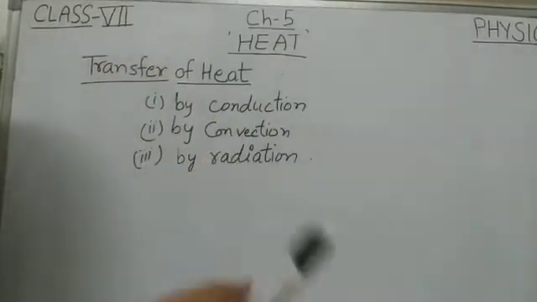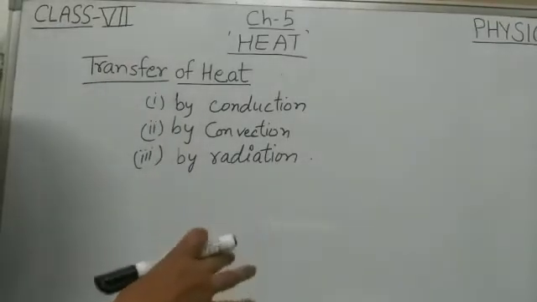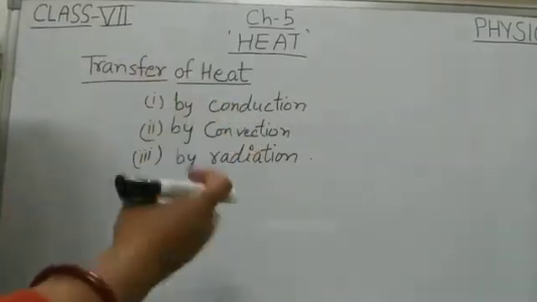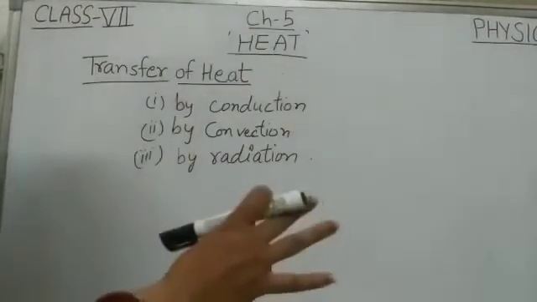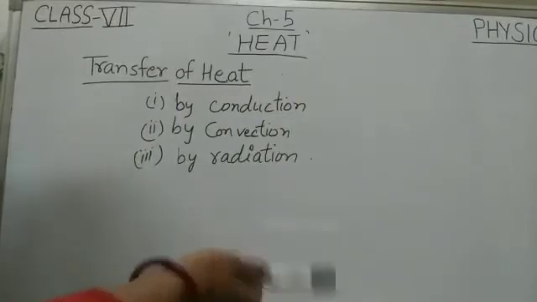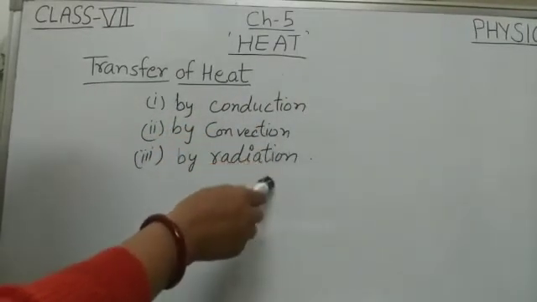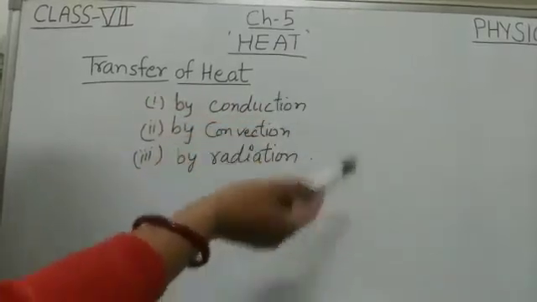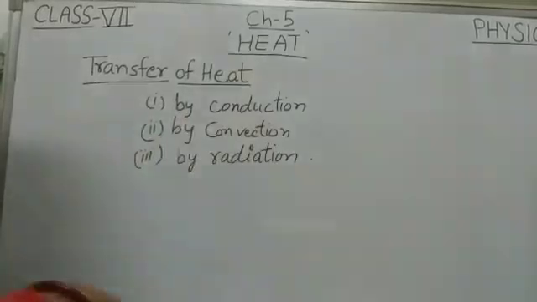And in empty space or vacuum, or we can say having no medium like solid, liquid or gas, heat is transferred by radiation. Now we will learn about the conduction, convection and radiation methods of transfer of heat. So let's start with the conduction.